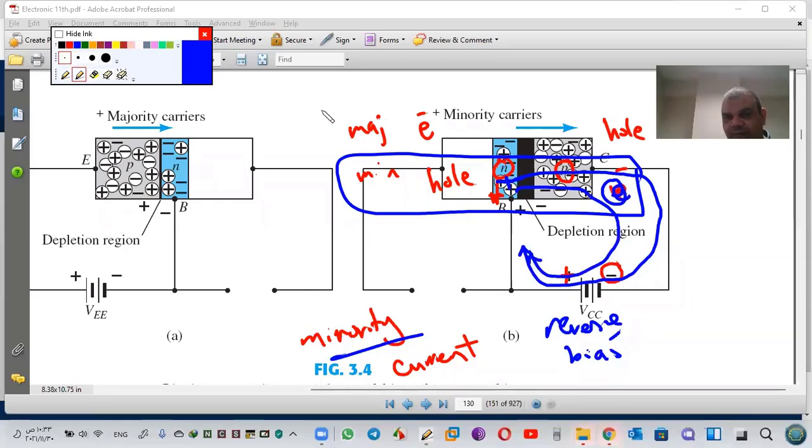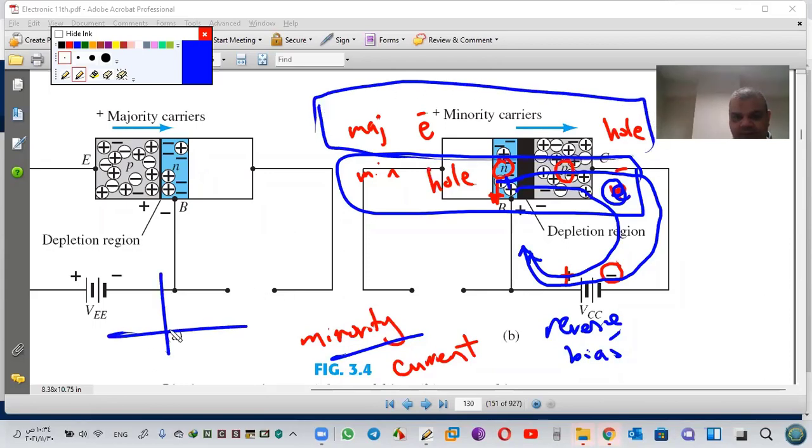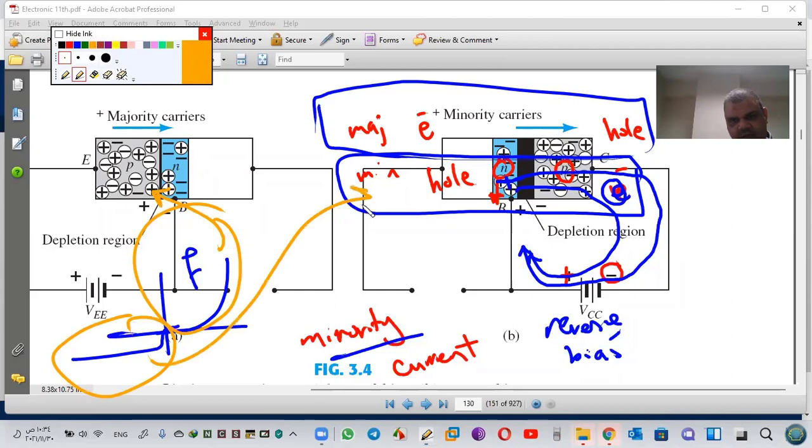What about majority? There is no majority because we are working in reverse bias. Remember the diode: this is the forward region and this is reverse, and we are working here. So we don't have majority, just minority current.